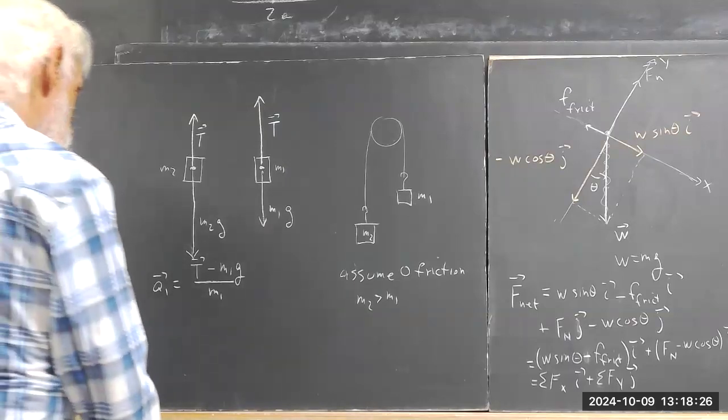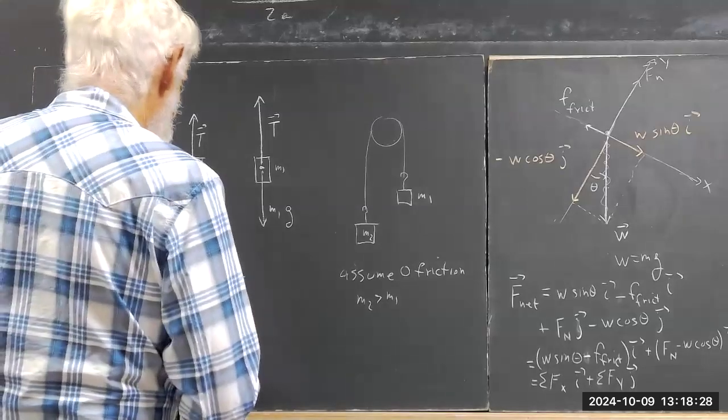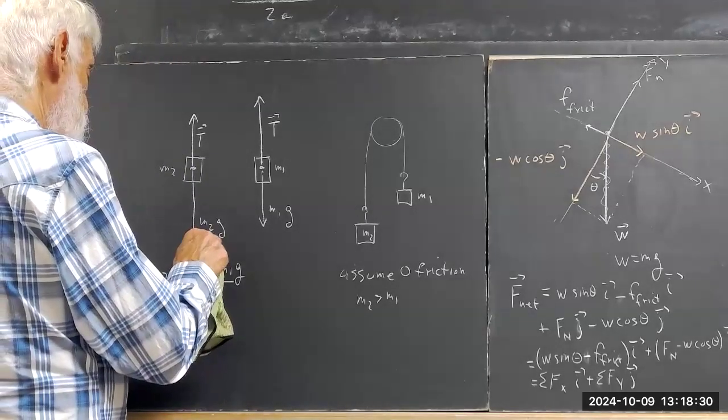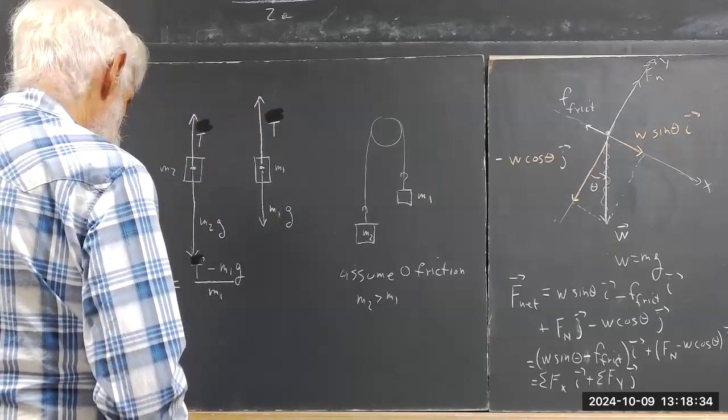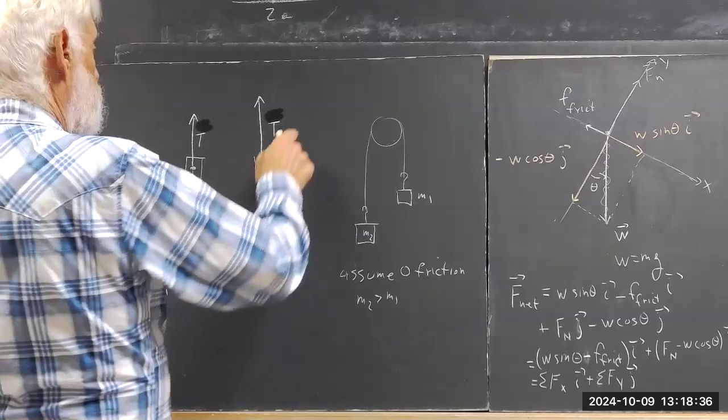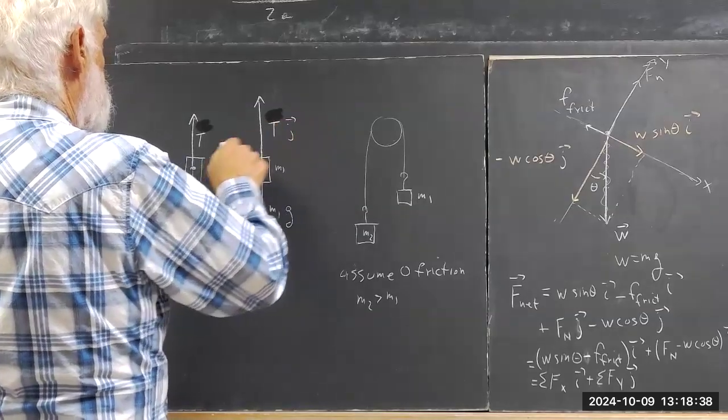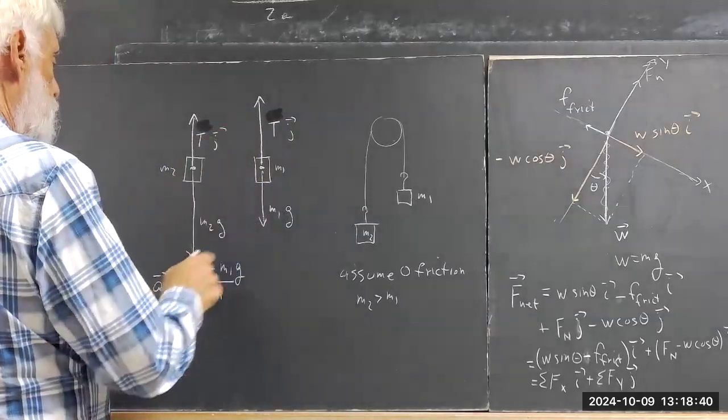I'm going to use i's and j's instead of an arrow over the T. So this is T times the j vector. This is T times the j vector.